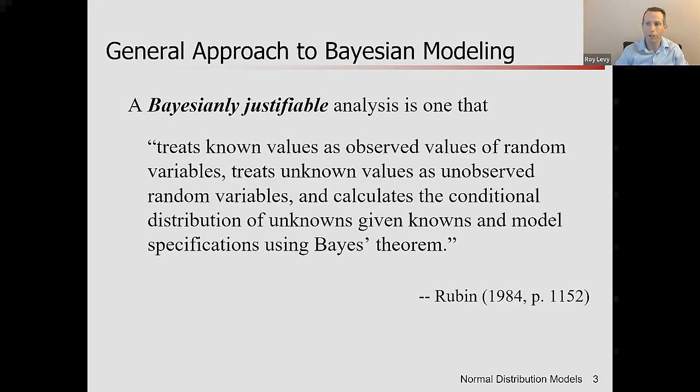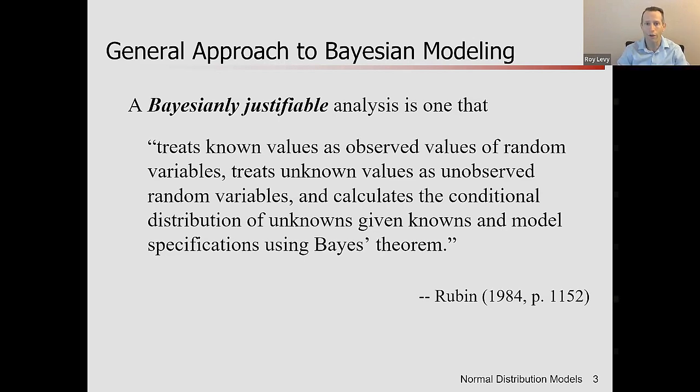So what is Bayesian inference? I like this quote from Don Rubin. Rubin writes, a Bayesian justifiable analysis, and you can just ignore that justifiable and just think, what's a Bayesian analysis? Is one that treats known values as observed values of random variables. That's usually stuff like data. Data are going to be modeled as random variables, that is, having distributions.